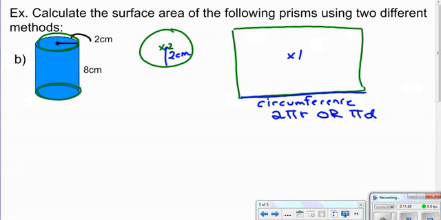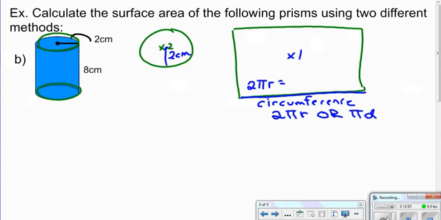On our rectangular prism, to find this length, we're going to go 2 times pi times radius, so 2 times 2 times 3.14, and when we do that, we get the length of the side.